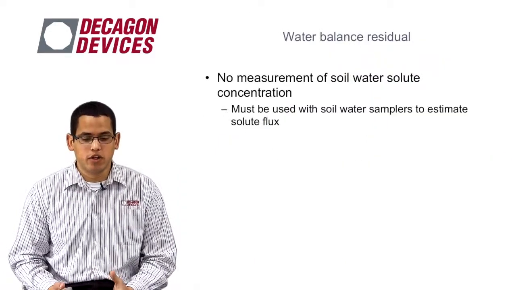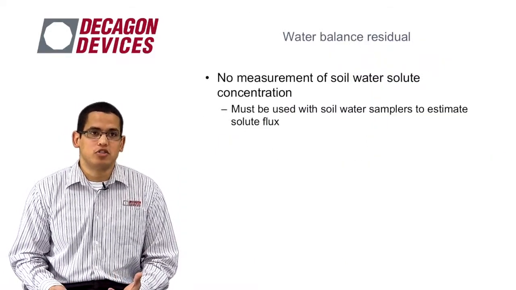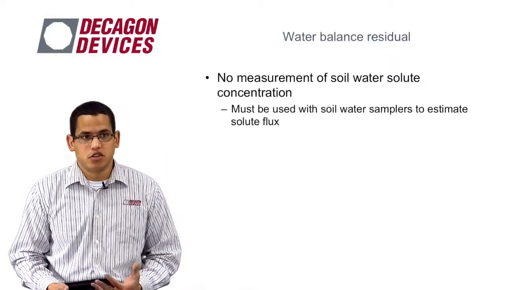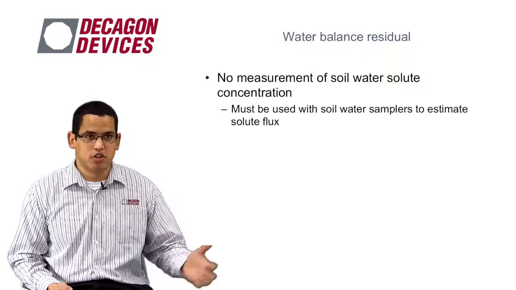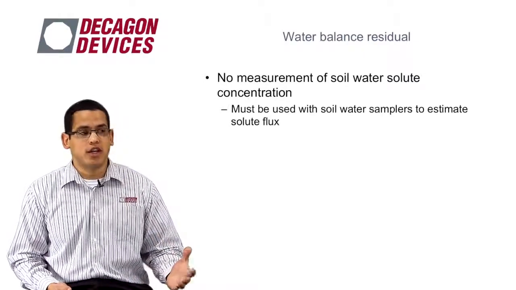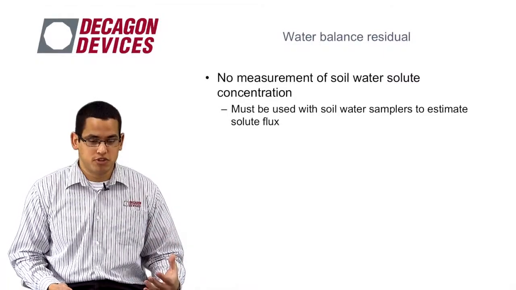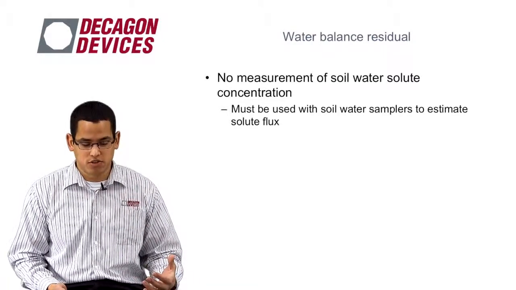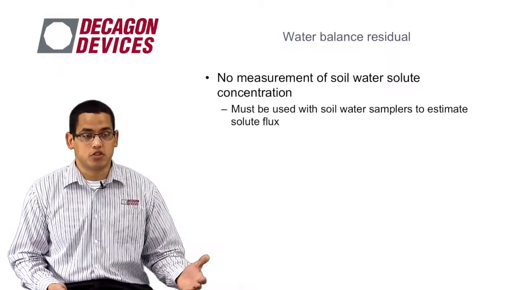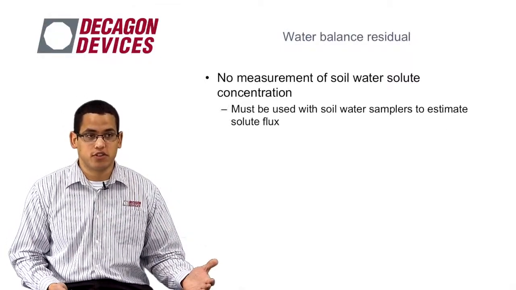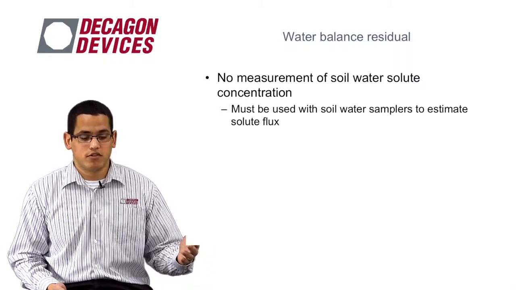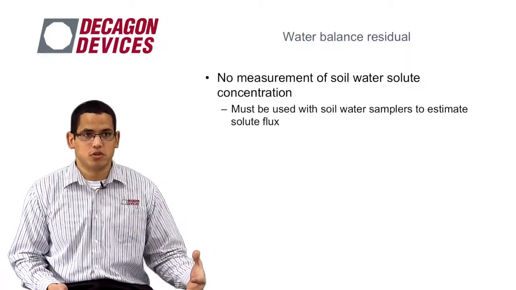Another issue with the water balance residual is you do not have a measurement of soil water solute concentration, so you don't get any measurements of solute flux. If this is important to you, you can add pore water samplers, also known as suction lysimeters, to get at the solute concentration, and then you can calculate solute flux based on the measurement of the water balance residual.